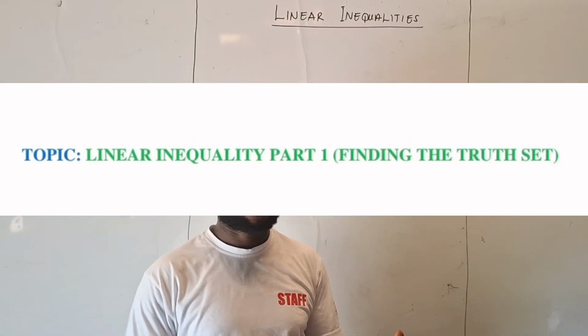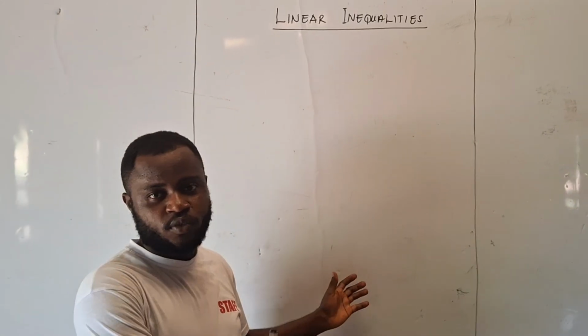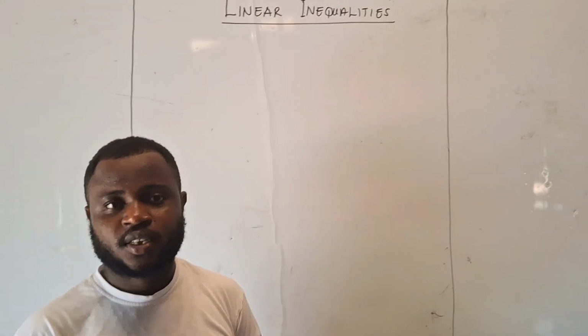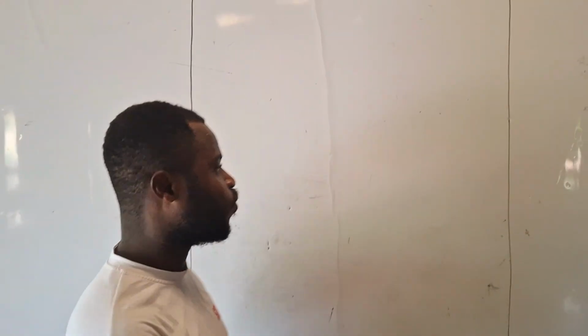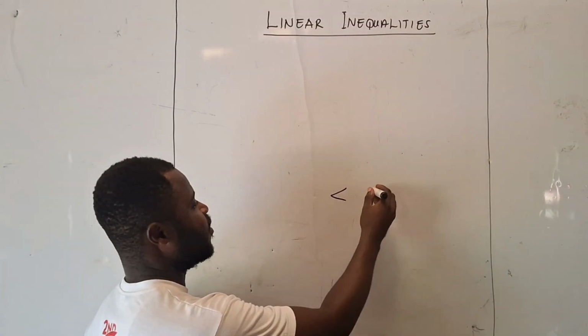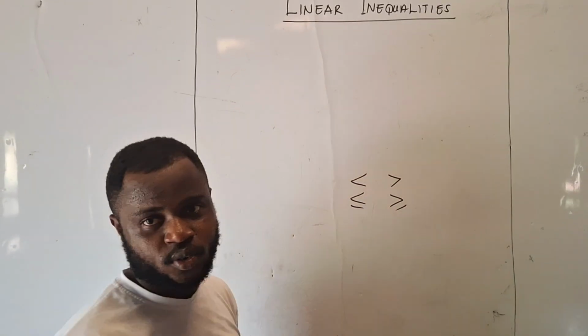What's the difference between an equation and an inequality? I said in my previous video that an equation is any numerical statement involving the use of the equal sign. An inequality is any numerical statement that involves the use of either less than, greater than, less than or equal to, or greater than or equal to.